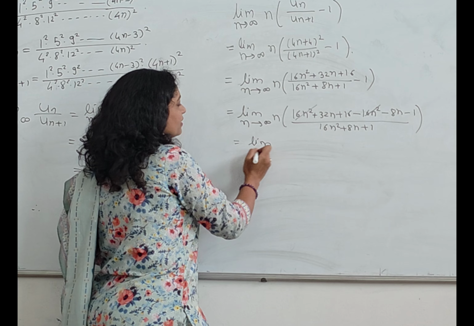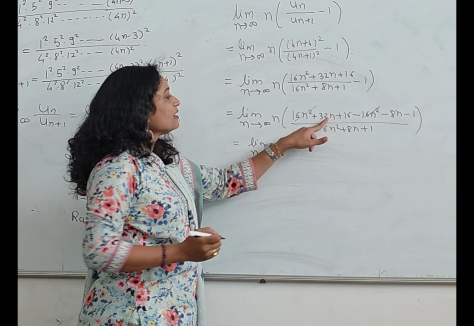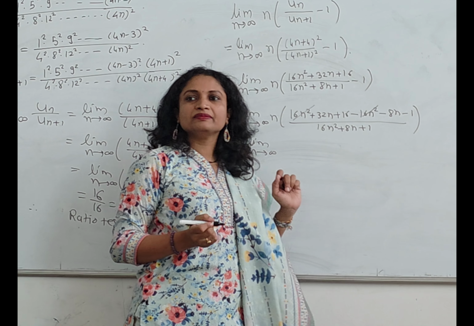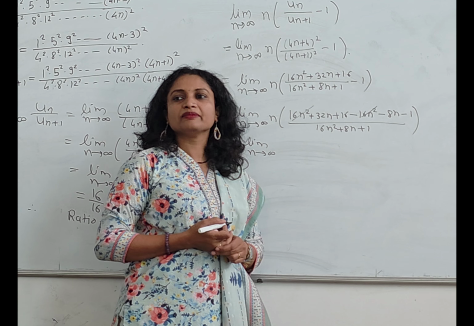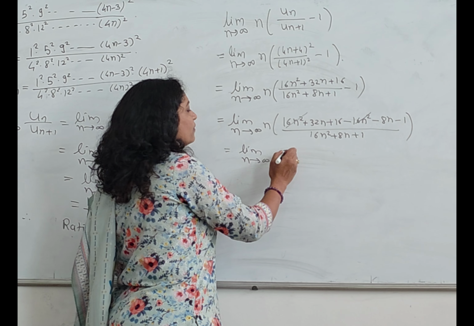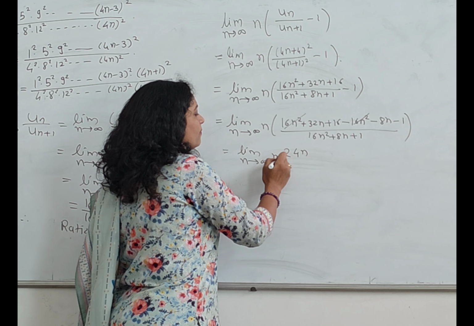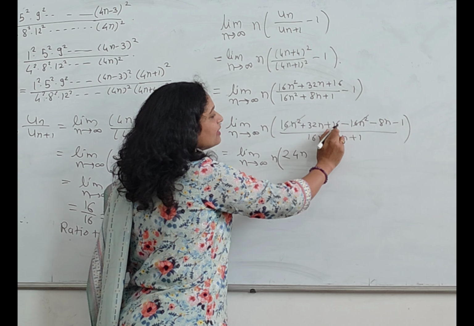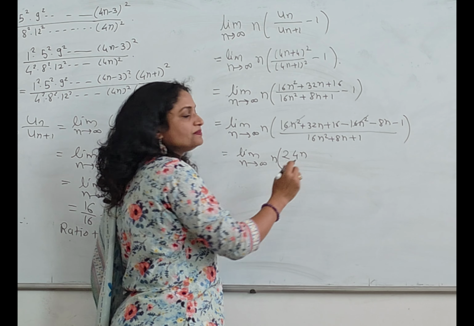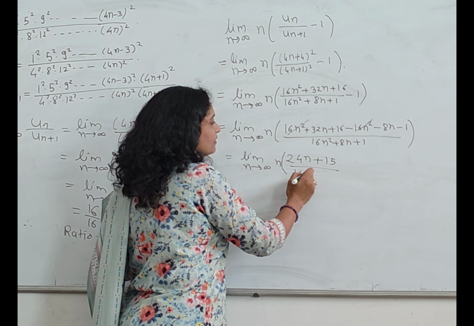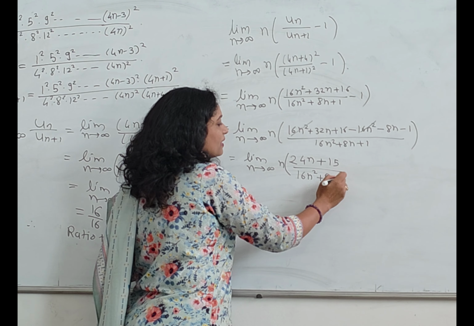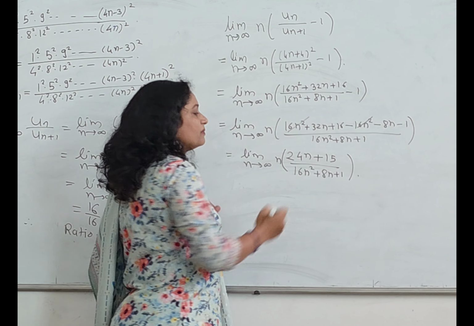Then you have here 32n minus 8n. How much? 32 minus 8? 24. And here 16 minus 1, 15, upon the 16n square plus 8n plus 1, like this.